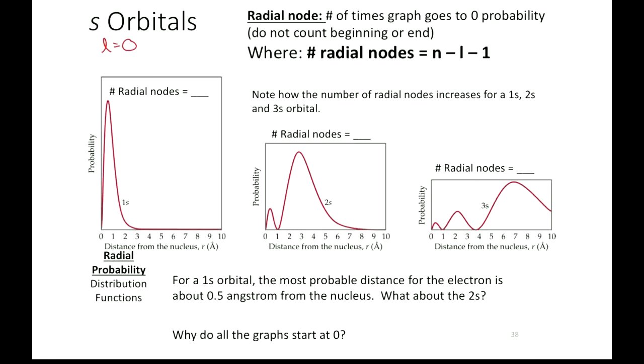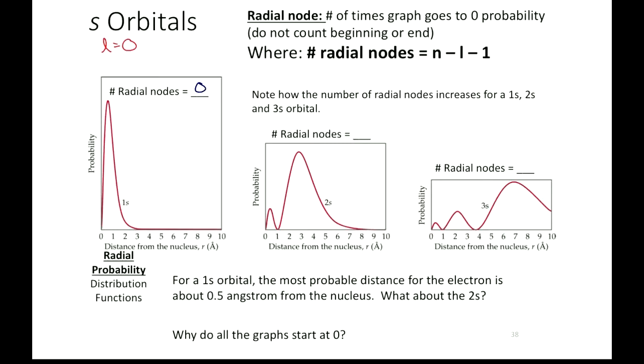A radial node is the number of times the graph goes to 0 probability. For a 1s orbital, you'll only ever find that electron in that 1s orbital shape. So this graph actually has 0 radial nodes. Don't count the beginning or the end of the graph.